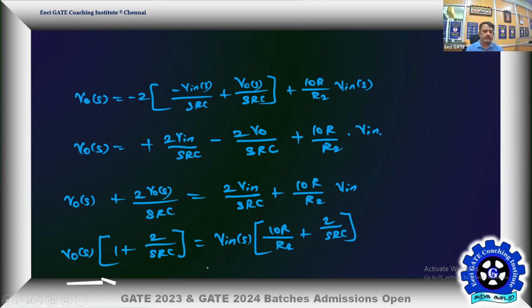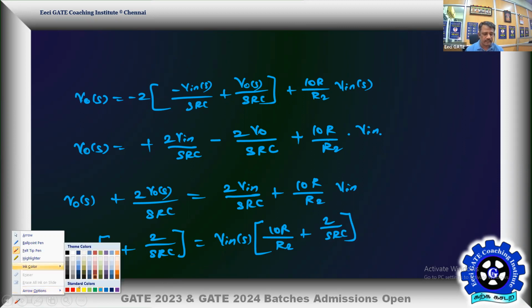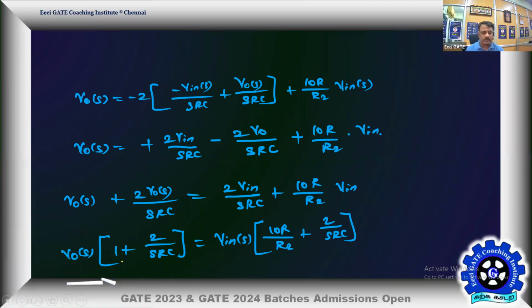Okay. So now V naught by V in magnitude should be 1, which means 10R by R2 must be equal to 1. With that, we can complete the problem. It should be an all pass function. So therefore, we are demanding V naught by V in to be equal to 1.